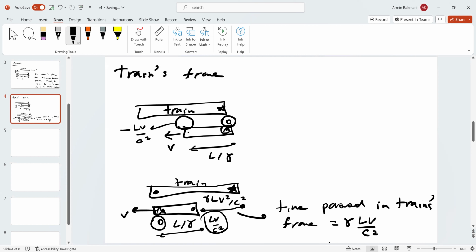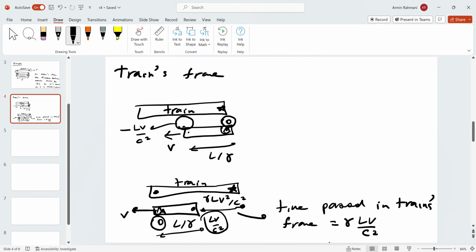All right, so now let's see if we can figure out the distance between the mark on the train from these two.